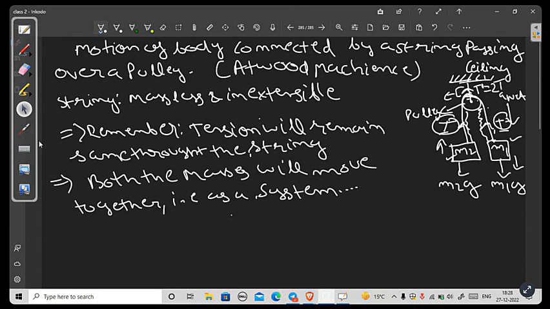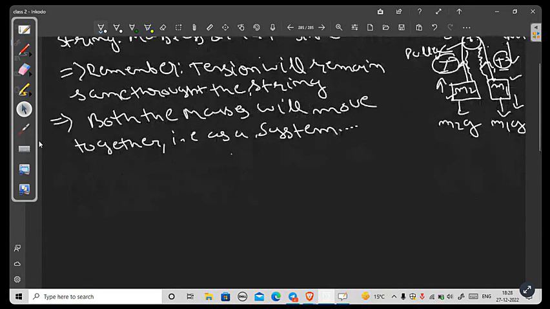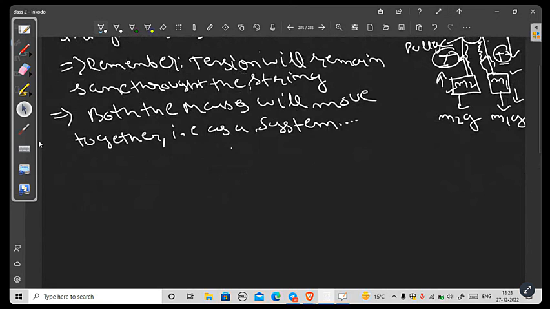Now, I am drawing the FBDs. First of all, I'm drawing for the M1 block. On this M1 block, there is a force m1g due to the weight of the block acting downwards, and the tension is acting upwards.